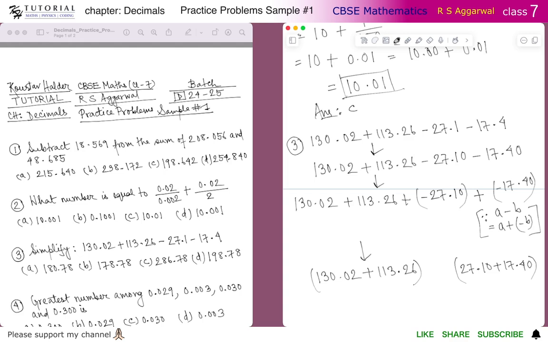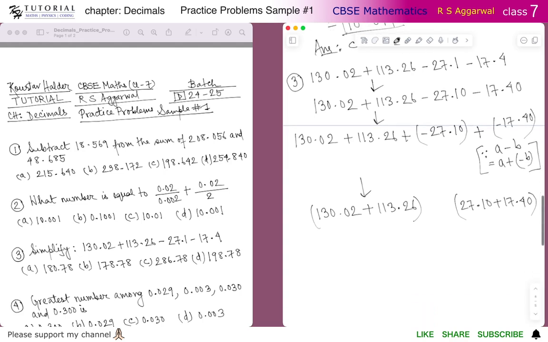Okay, now you see that in the second last step we have 2 negative decimals and 2 positive decimals. So now we will collect all the positive decimals at one place with addition operation, and we will collect all the negative decimals without the sign at another place with addition operation.